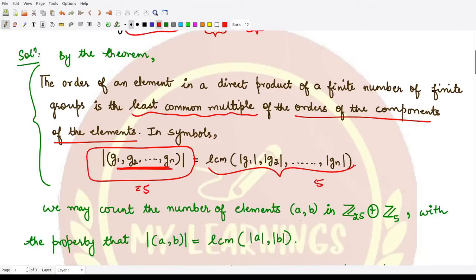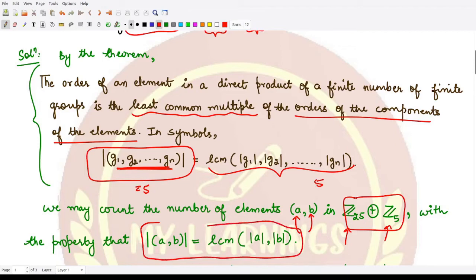Because there are only two groups, we would have only two elements in our tuple. So we have A and B in this direct product, and we need to find the elements. Using this result, the order of the element (A, B) would be equal to the LCM of the order of A and the order of B, right?